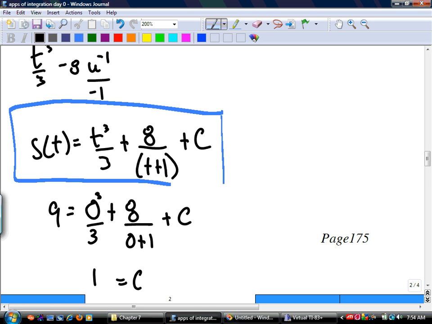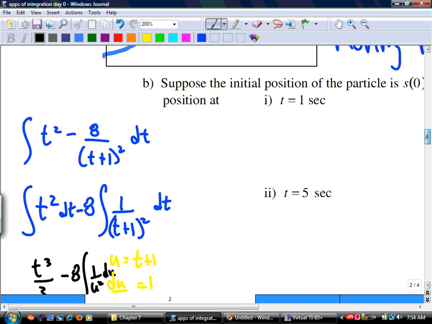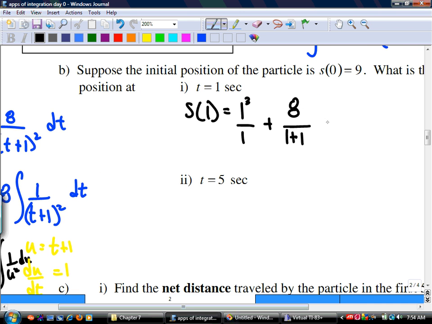Now we can answer all the questions. But notice all the legwork that has to happen first. Okay, so what's the first question? So you just put t equals 1 in the formula now. s of 1 equals 1 cubed over 3 plus 8 over 1 plus 1, plus 1.